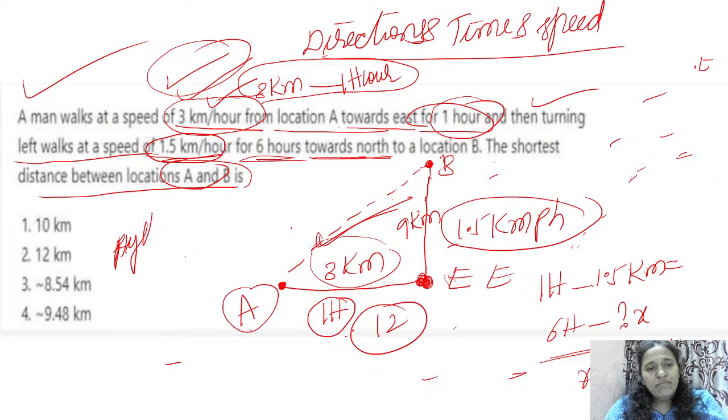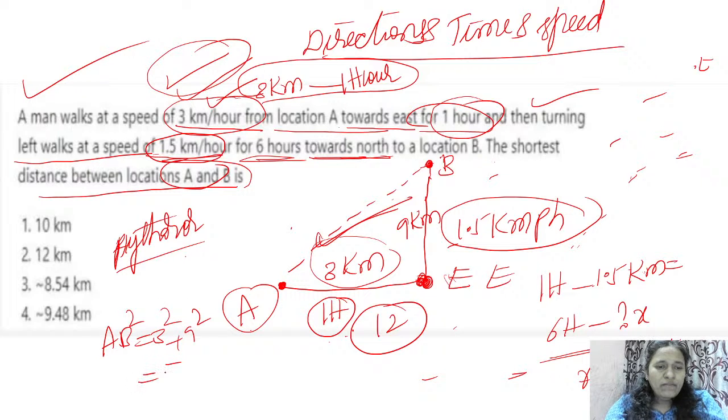Pythagoras theorem. We all know it, right? The hypotenuse square, AB square, is equal to 9 square plus 3 square. 9 square is 81, 3 square is 9.